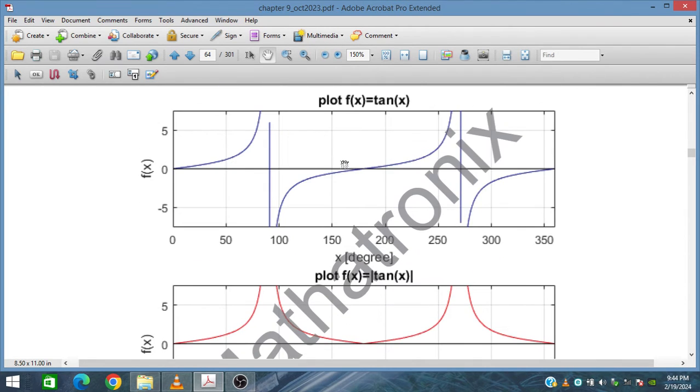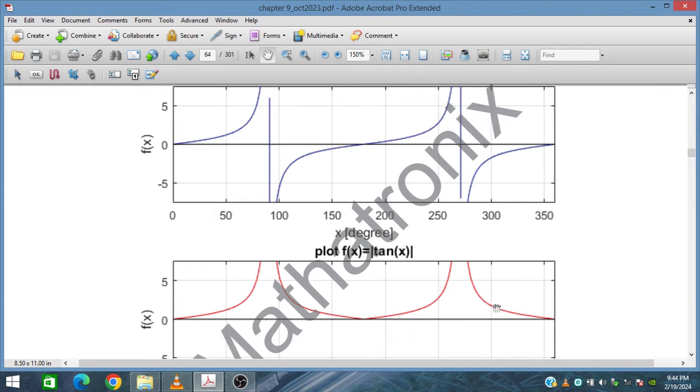So this negative part will be positive, and this negative part will be positive. So this is the tangent modulus. The positive part remains positive. This negative part becomes positive. Similarly, this one.